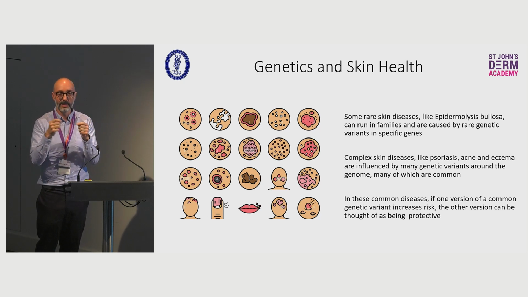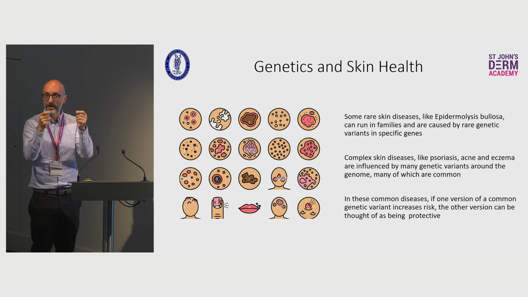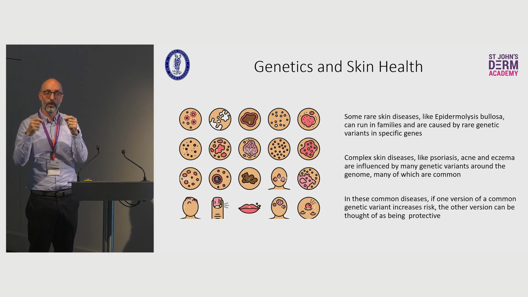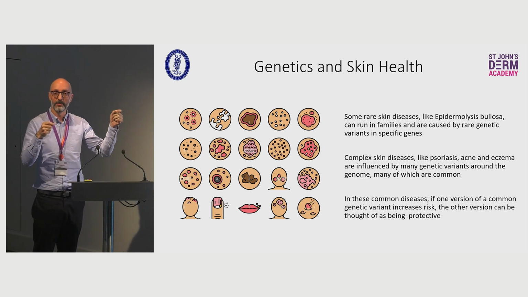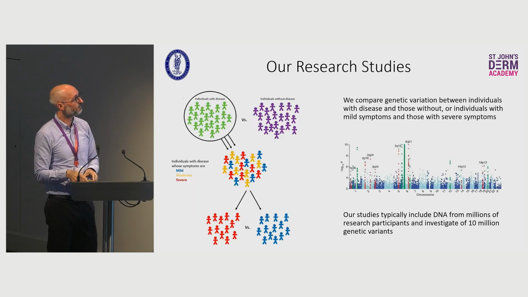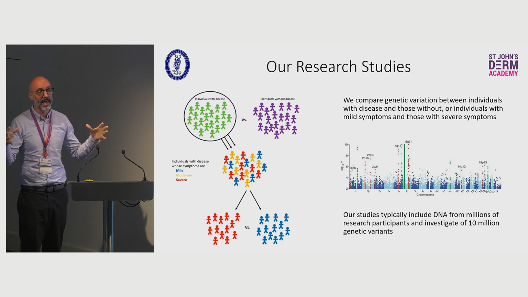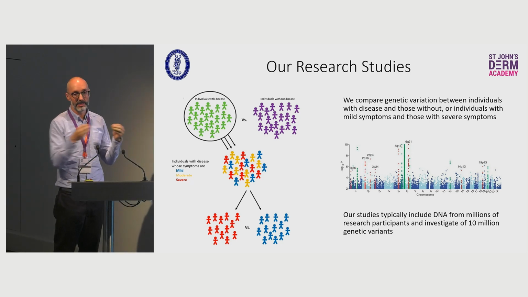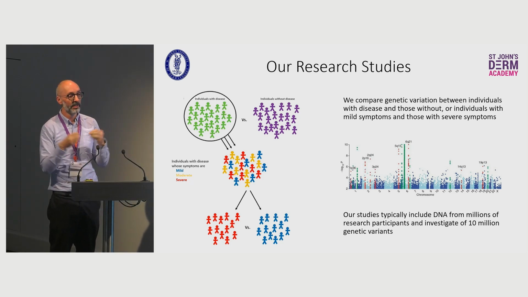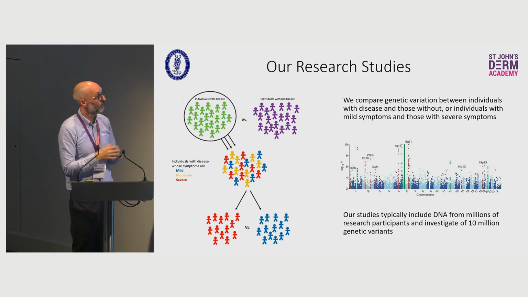One way to think about these common genetic variants that influence disease risk is that there are 2 versions in the population. One version will increase your risk a little bit, and the other one is protecting you from disease. So what we do in our research studies is compare to find these differences in DNA which influence disease or influence different aspects of being a human.